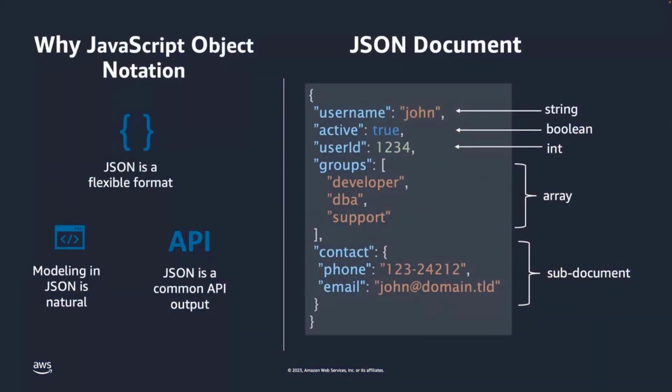JSON derives from JavaScript, hence the name, JavaScript Object Notation, which is an open standard file format with a lightweight composition, which makes it easily transferable from system to system. A JSON document uses human-readable text to store and transmit data objects consisting of attribute value pairs and arrays or other serializable values. The basic data types can be string, Boolean, number, integer or float, arrays or subdocuments.